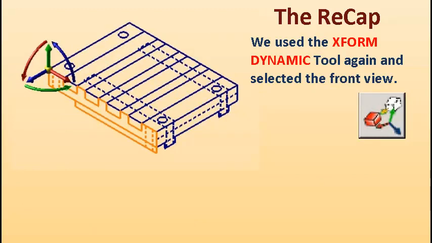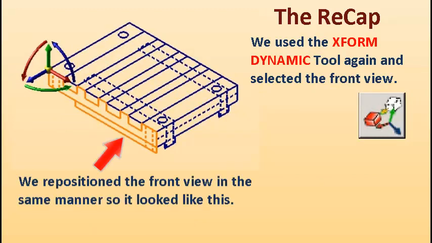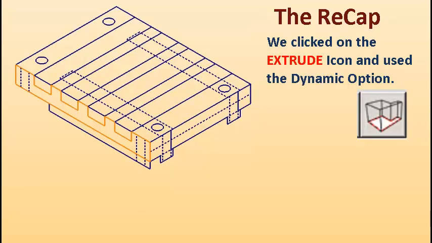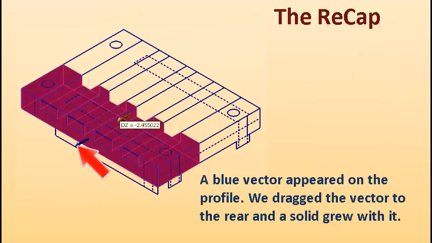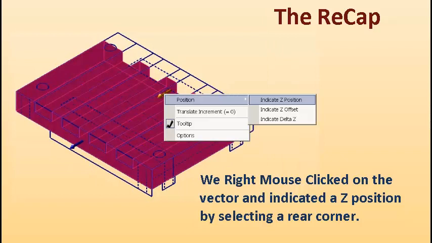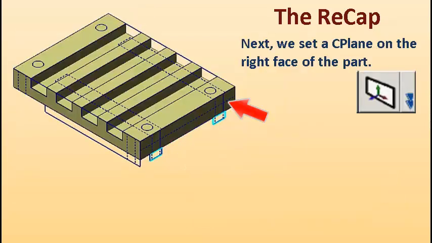We did the same thing with the front view, repositioned so it looked like this. We clicked on the extrude icon and used the dynamic option. We selected the entities highlighted here, hit accept, a blue vector appeared, we dragged that backwards, the solid grew with it, and we indicated the Z position using indent and picking on this back corner.